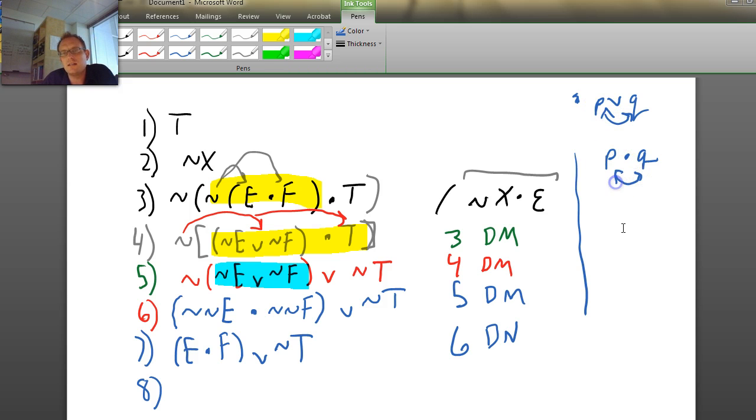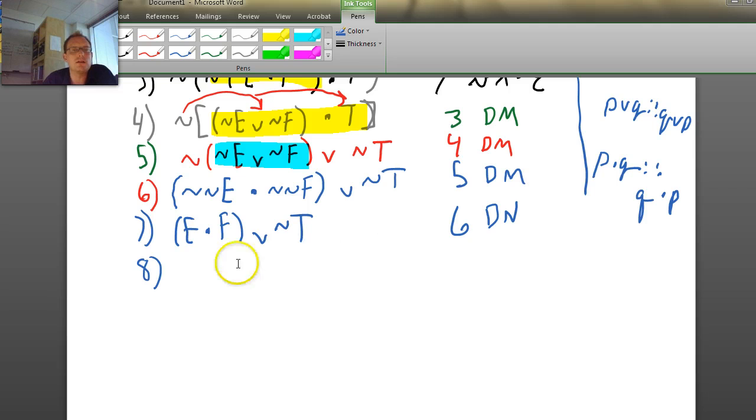So a P or Q is logically equivalent to a Q or P, and a P and Q is logically equivalent to a Q and P. So I can switch things around. So I'm going to get not T or E and F, right? That's line 7, commutation.